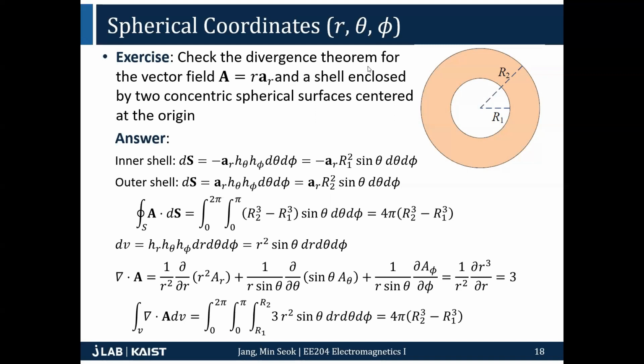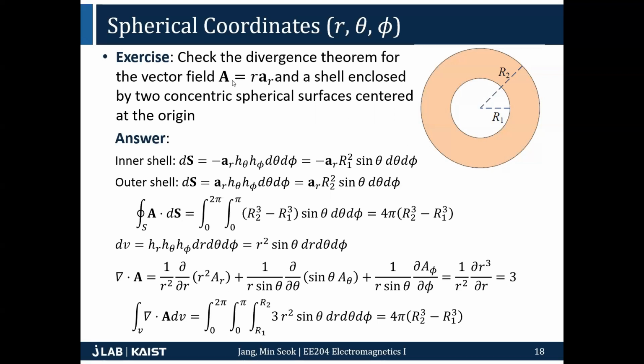The divergence theorem says the surface integration over a volume's boundary is equal to the volume integration of the divergence of A. So to check the divergence theorem, you need to evaluate the surface integration and volume integration separately, and then compare and see if they're actually the same.